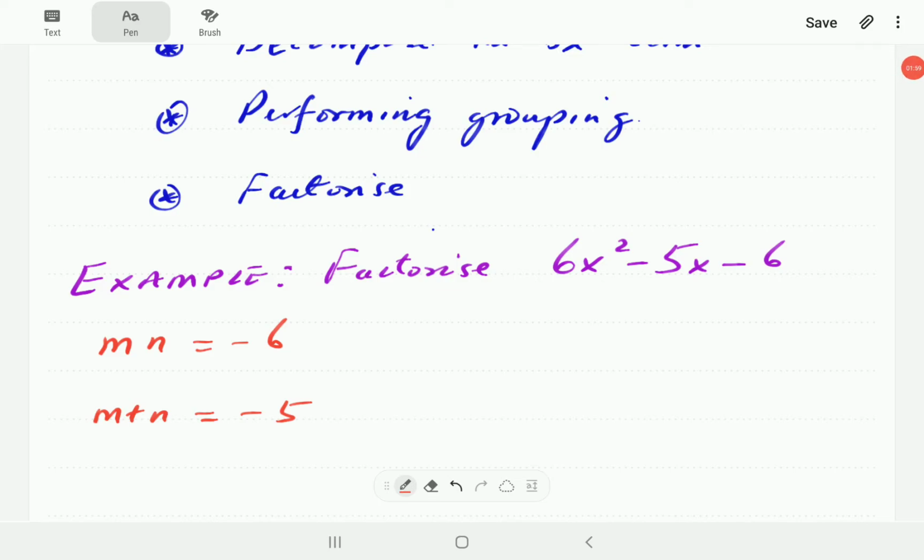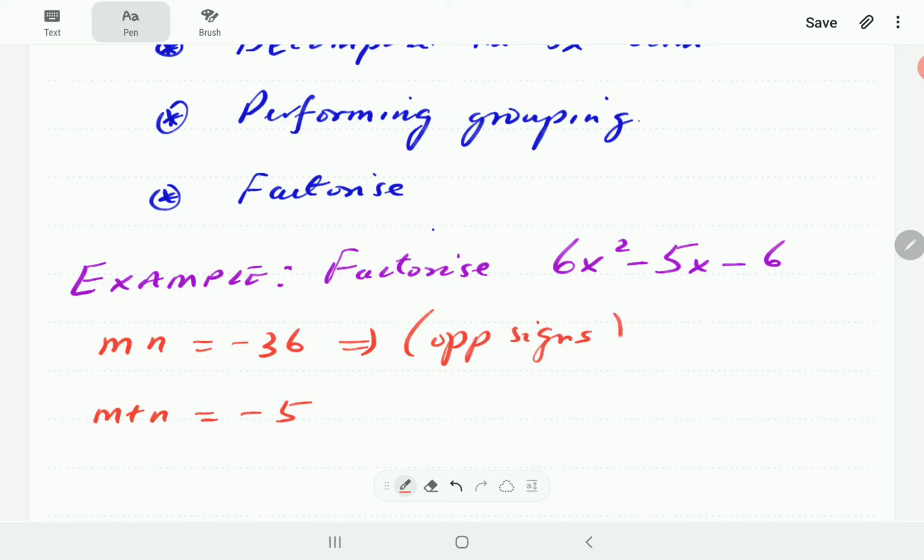Now since the two numbers we're looking for multiply to give a negative number, which is negative 36 here, this is telling us that they will have opposite signs.